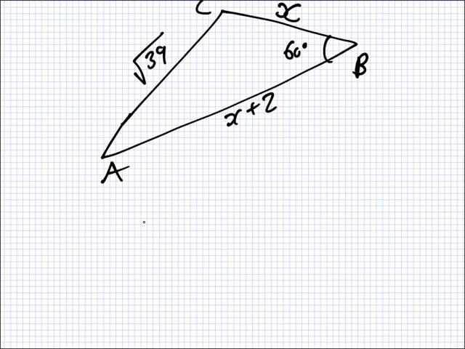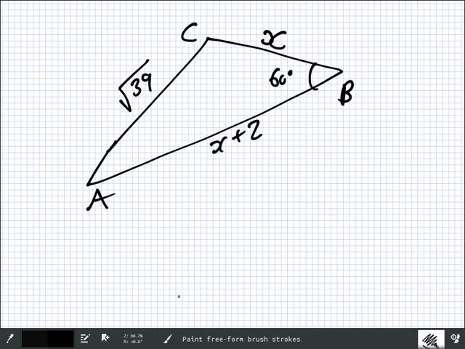Okay, so for the cosine rule, we have some choices to make. Actually, I don't think we have a choice. We have to start with one of the sides in the formula. Which side do I start with? The x? That's what I thought at first, but it doesn't work because you don't know the angle over here.